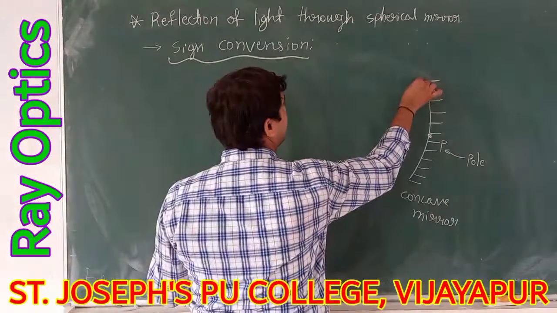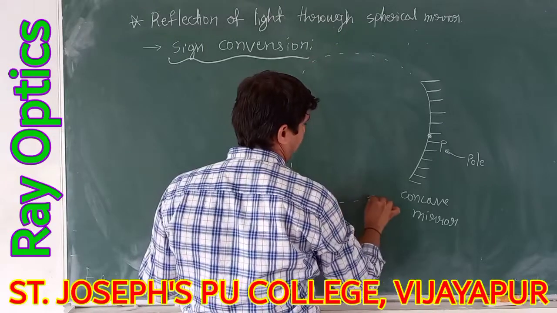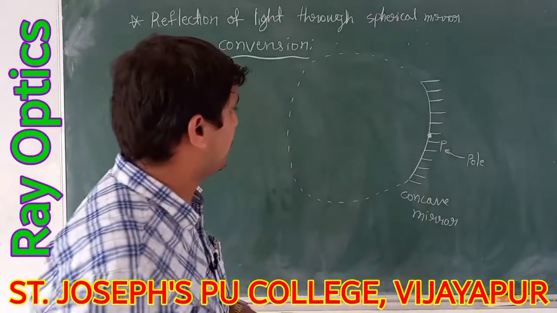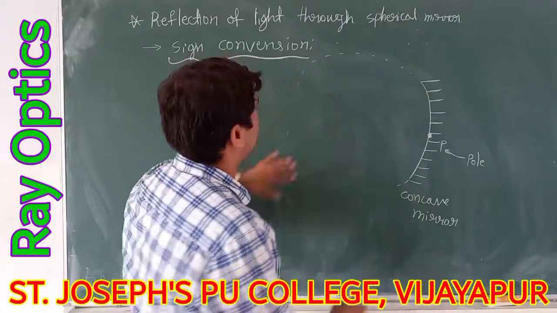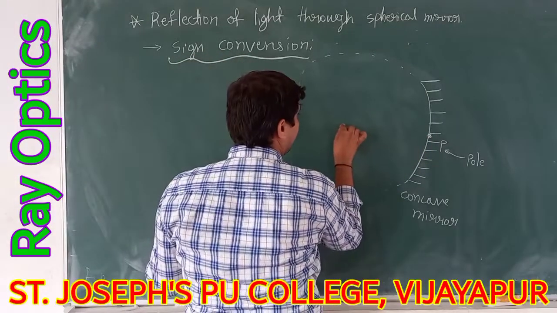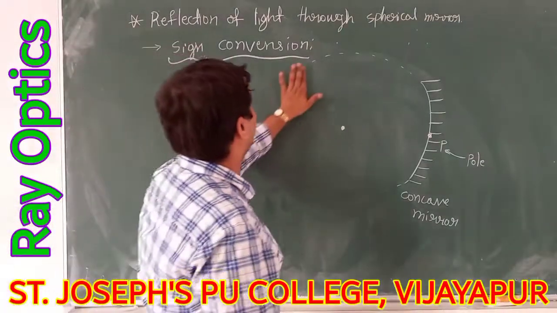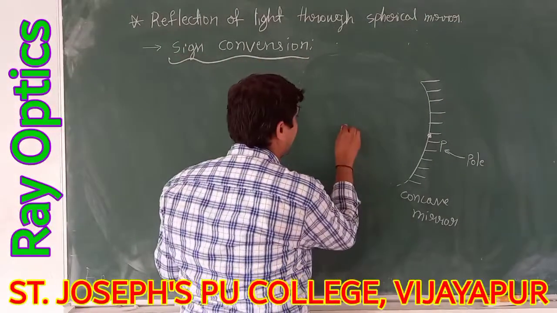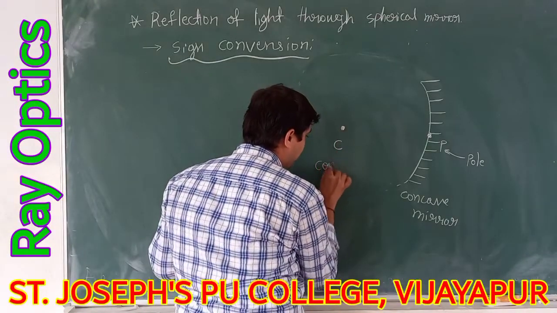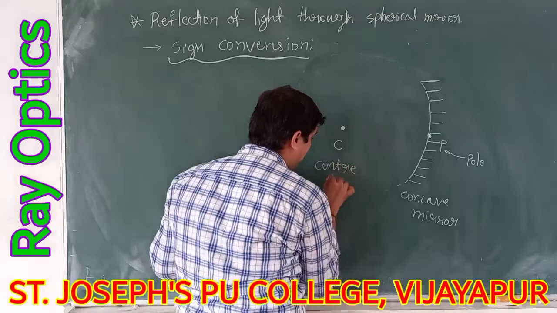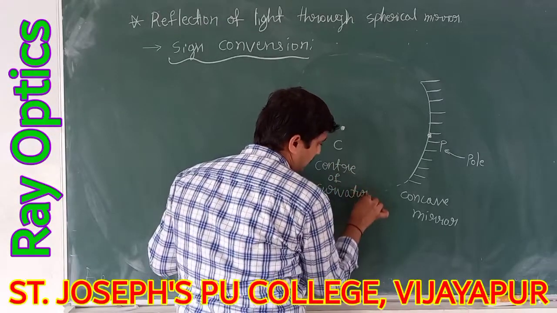And if you just imagine that it is a spherical mirror, imagine a sphere, okay. So if it is a sphere, there will be a center of the sphere, and this point, denoted by the symbol C, we will call the center of curvature.